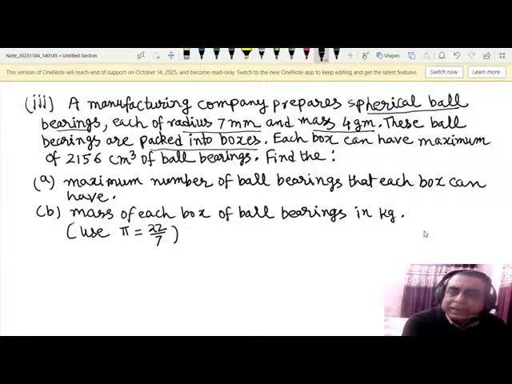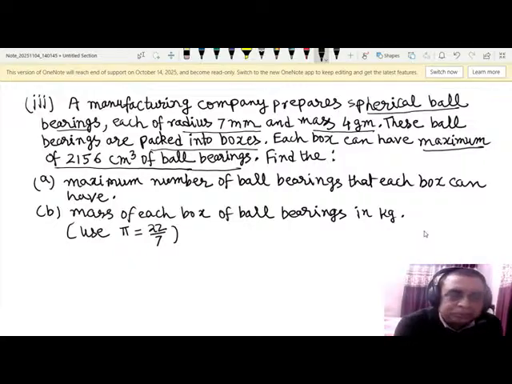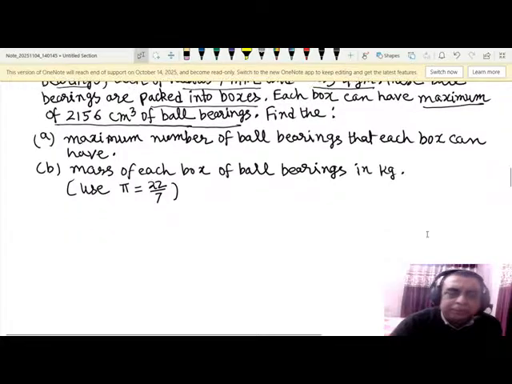Each box can have a maximum of 2156 centimeter cube of ball bearings. We are asked in part A to find the maximum number of ball bearings that each box can have, and the mass of each box of ball bearings in kilogram.